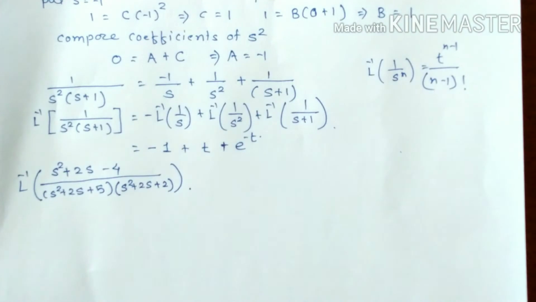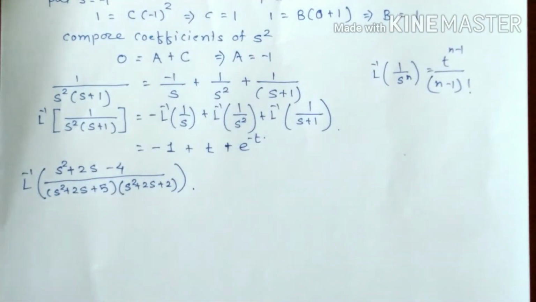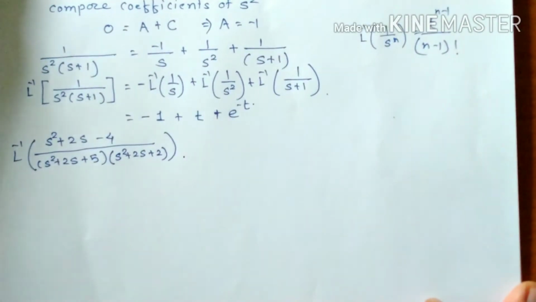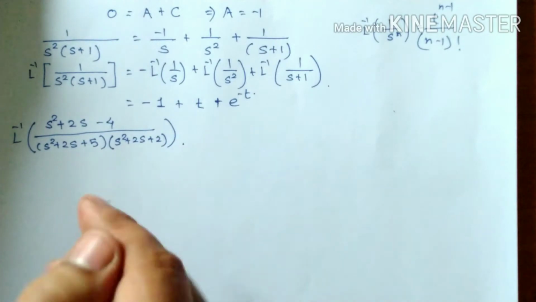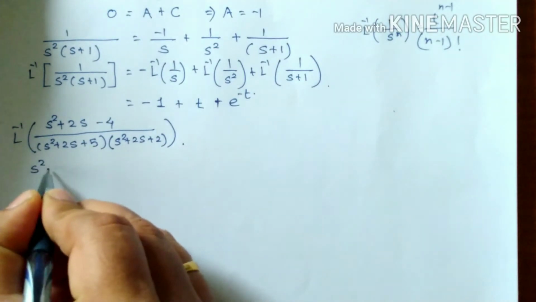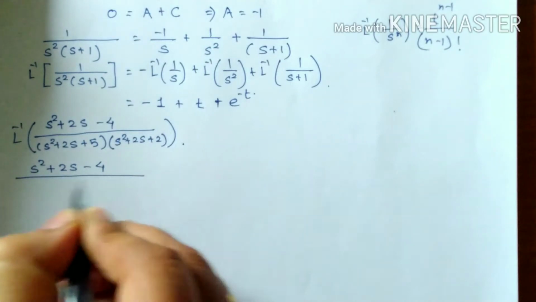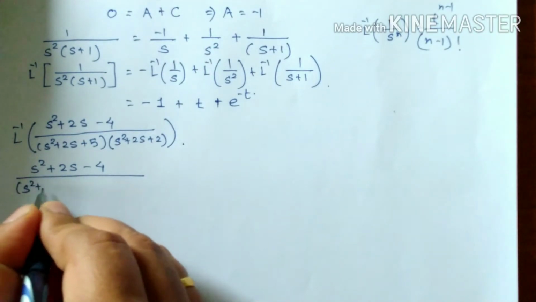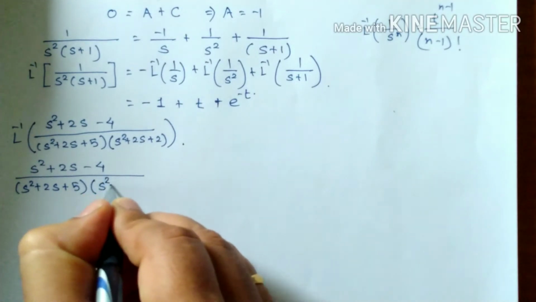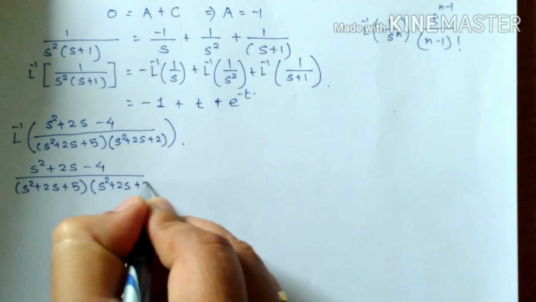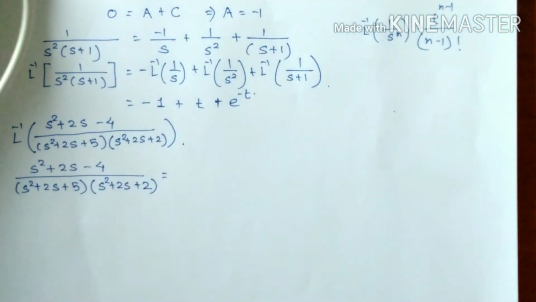Now to find the inverse of this particular term, we have to go for the partial fraction. Of course, as there is a product of two quadratic terms in the denominator, I'll write them separately. s square plus 2s minus 4 whole divided by s square plus 2s plus 5 into another bracket s square plus 2s plus 2 equals.